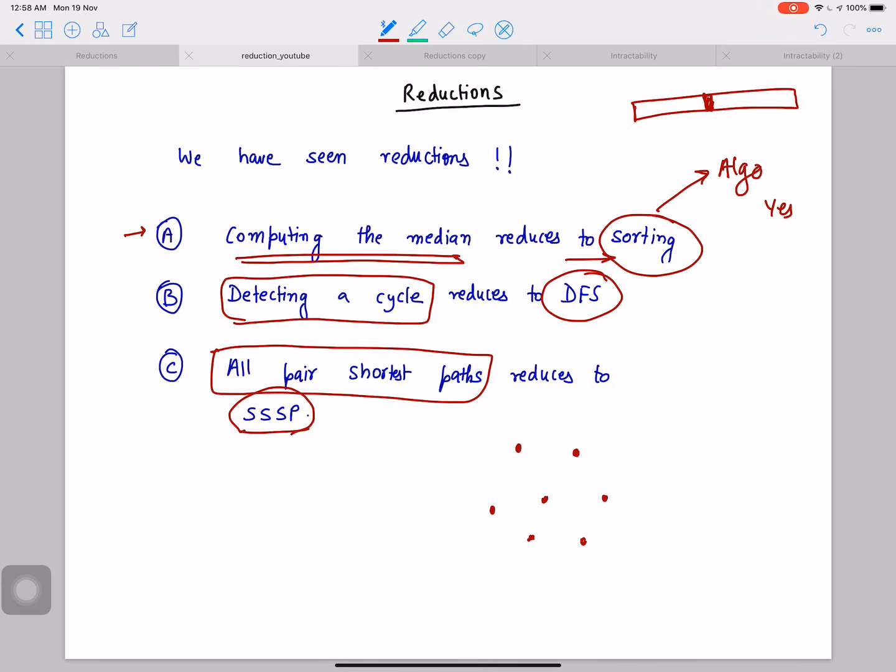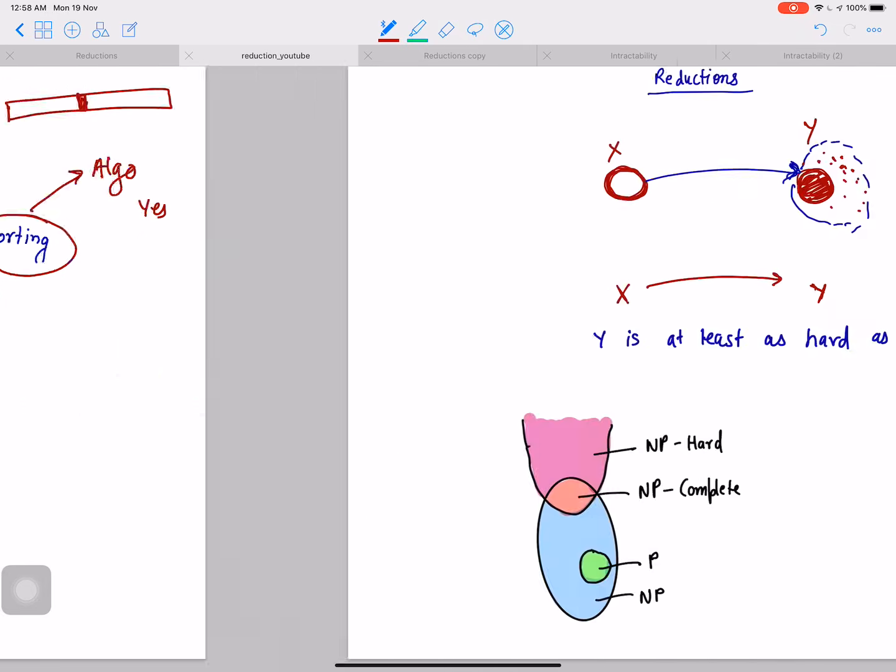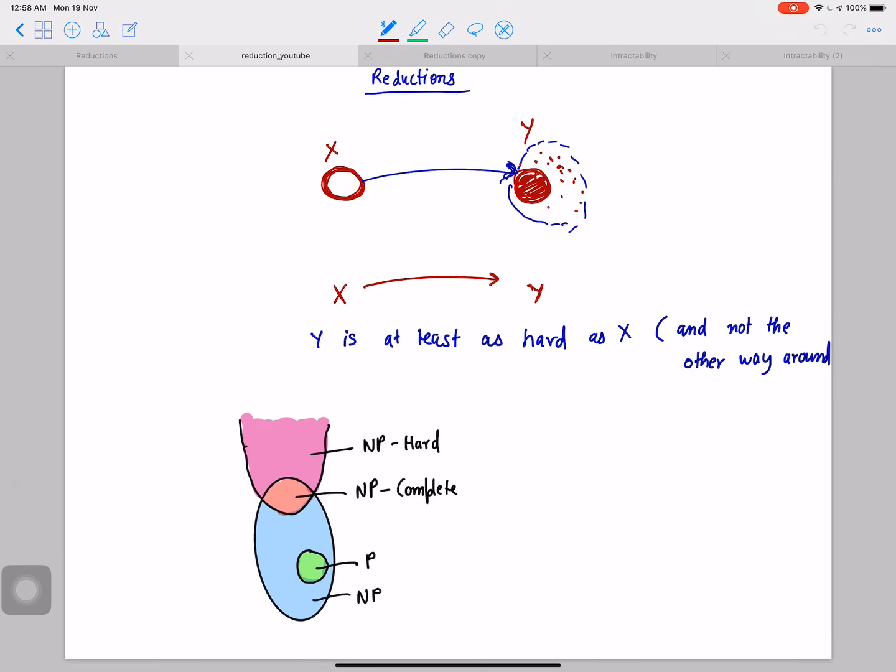So why are reductions important now? Before that, let me make a statement.